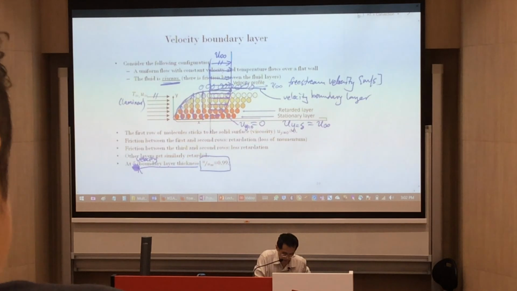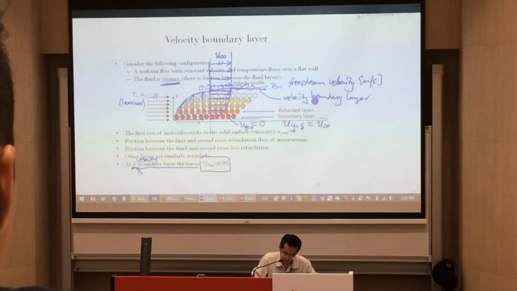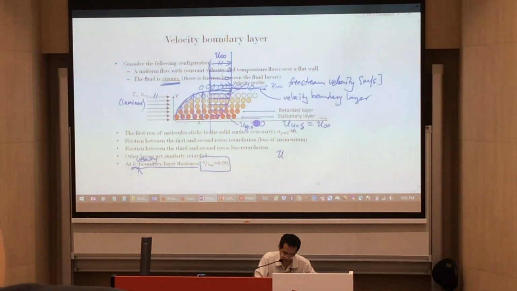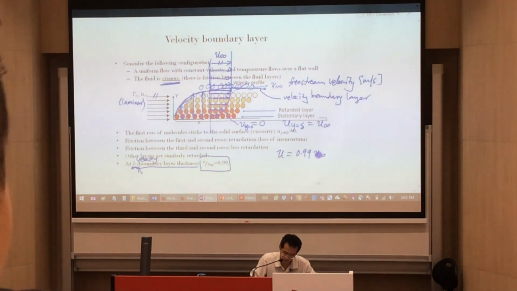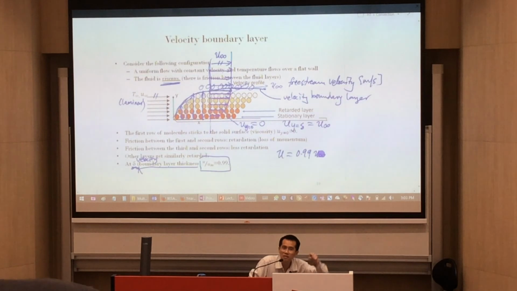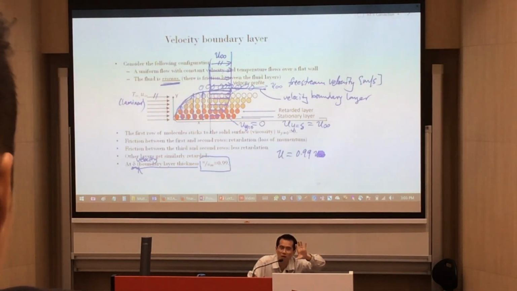And sigma is velocity boundary layer thickness. So that's the thickness of that boundary layer. So the point to consider, where is my velocity boundary layer, says that if u, any point of velocity over here, is equal to 99% of u infinity, I take that point to be the point where it signifies my boundary layer thickness.